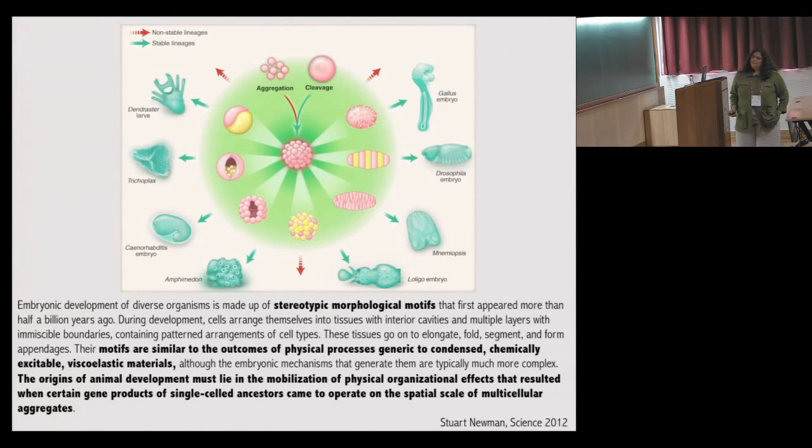What he said was that these motifs are similar to the outcomes of physical processes generic to condensed, chemically excitable viscoelastic materials. He did add that the embryonic mechanisms that generate them are typically much more complex. And so he said that the origins of animal development, and you can take this to mean animal form, must lie in the mobilization of physical organizational effects that resulted when certain gene products of single-celled ancestors came to operate on the spatial scale of multicellular aggregates.